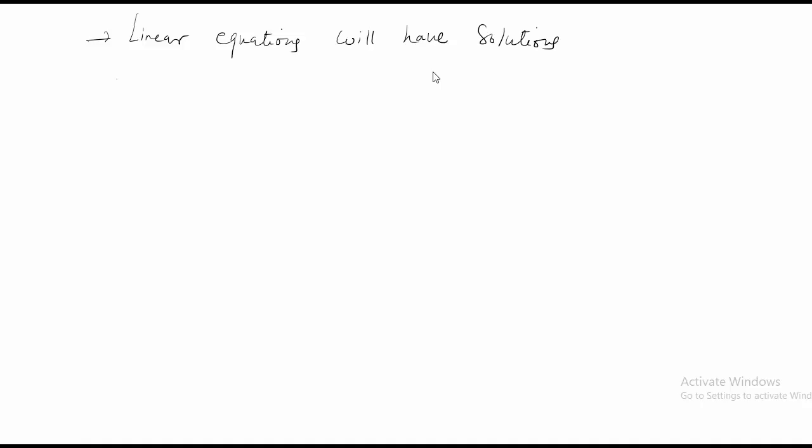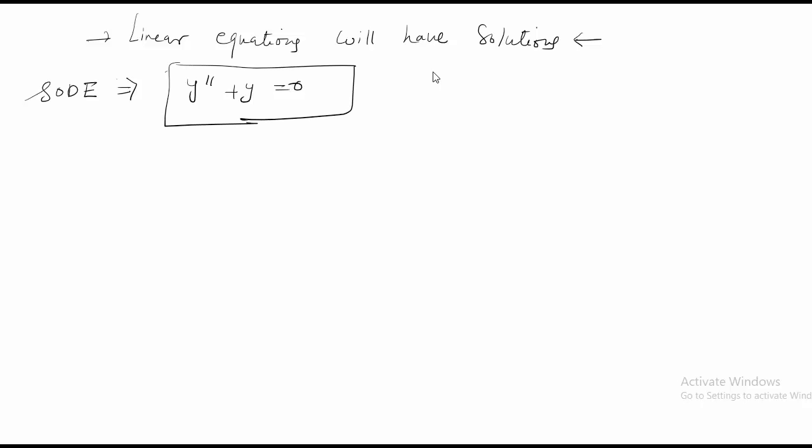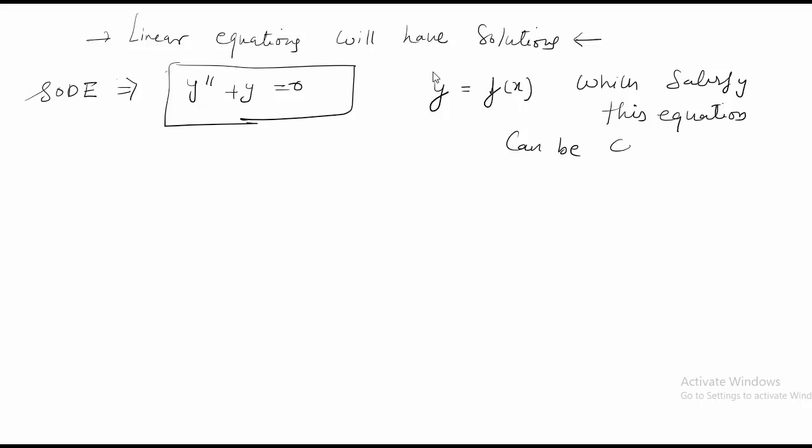So for a second order differential equation, if I am considering it in the form of y double dash plus y dash plus y is equal to 0, then a value of y, a function of x, which satisfies this equation can be called a solution.